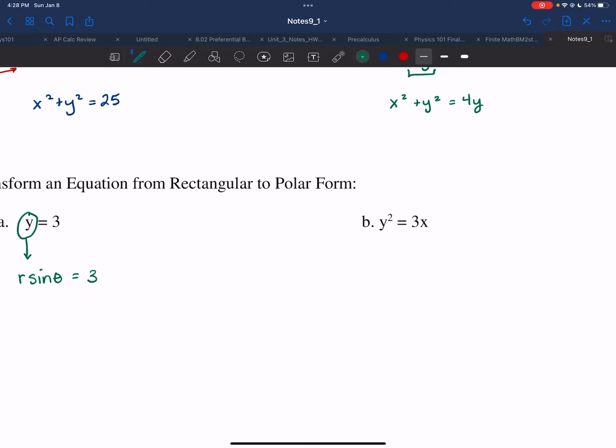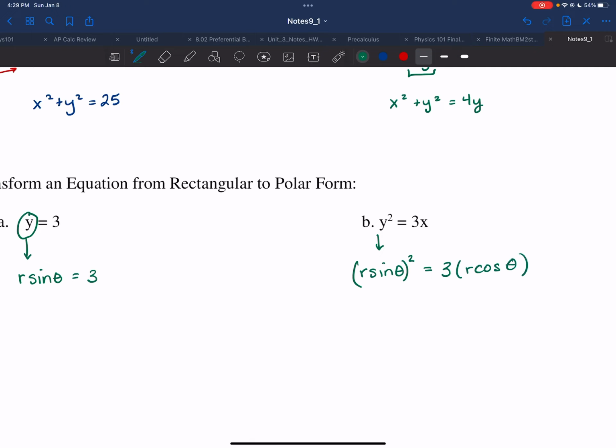Here we've got y squared equals 3x. So that y is going to be r sine theta, and I have a square on it, so I'm going to put that right up here, is going to be equal to 3 times x, which is r cosine theta.